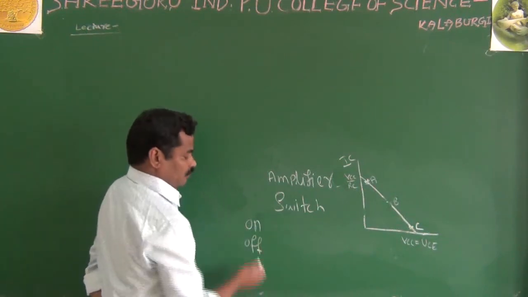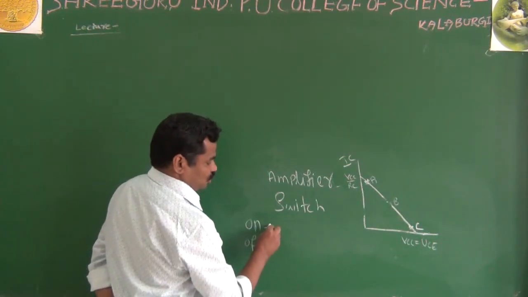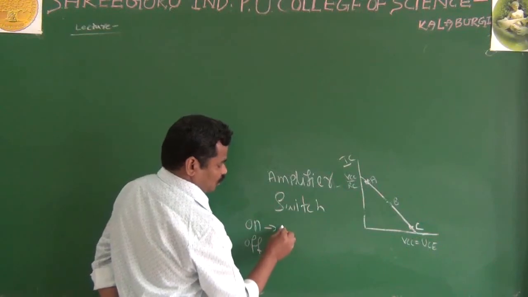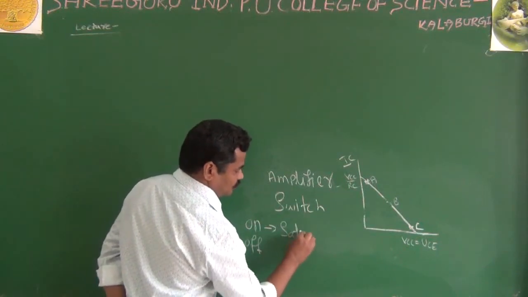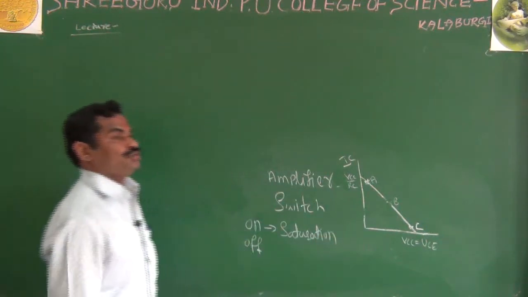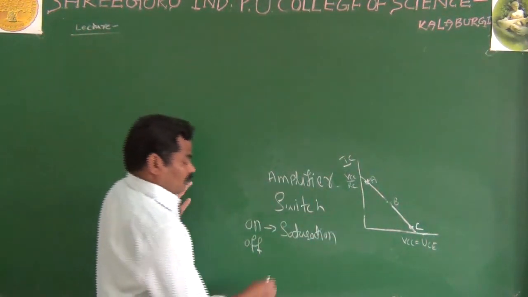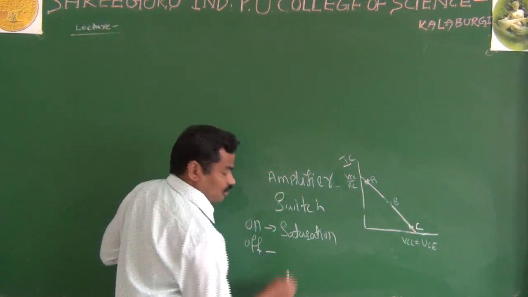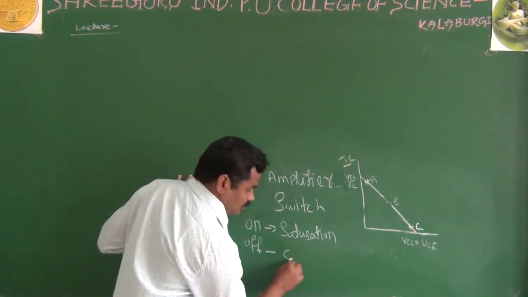And we know already, whenever the switch is on, your transistor will be in the saturation region. Your transistor should be in the saturation region. And the other way, when the switch is off, that is the cutoff region.